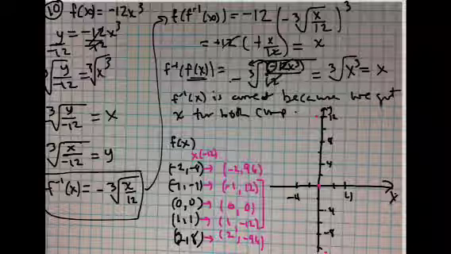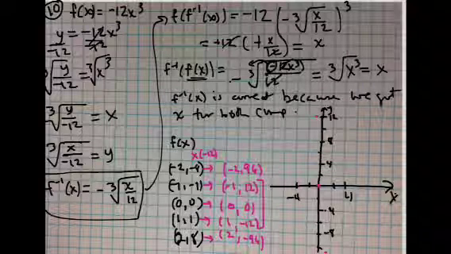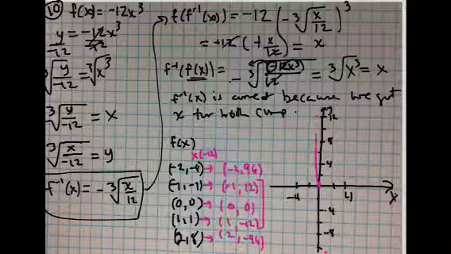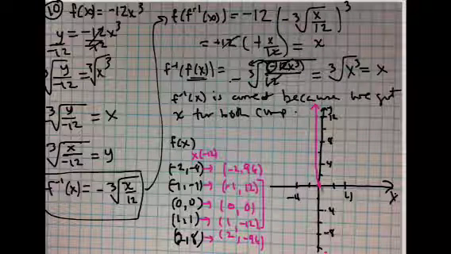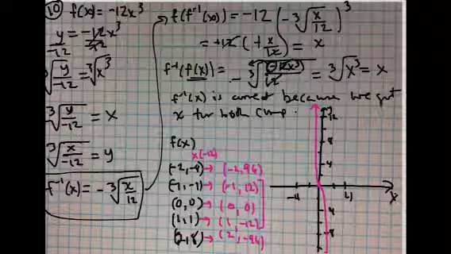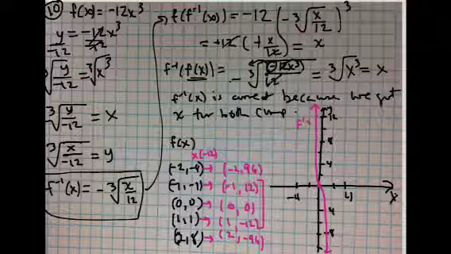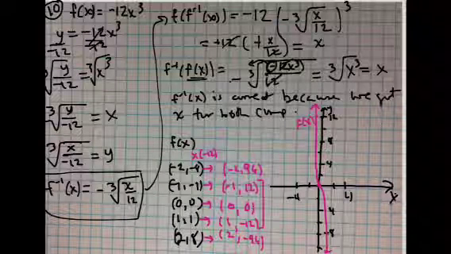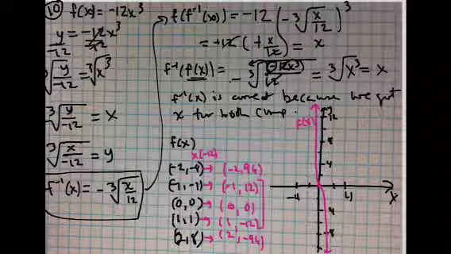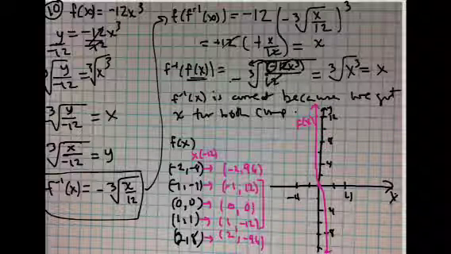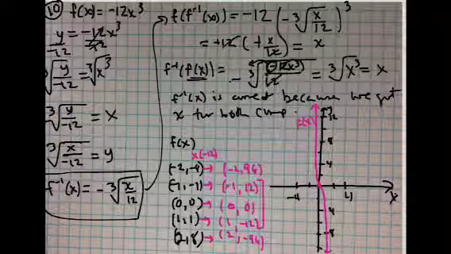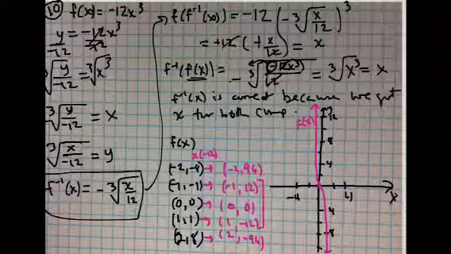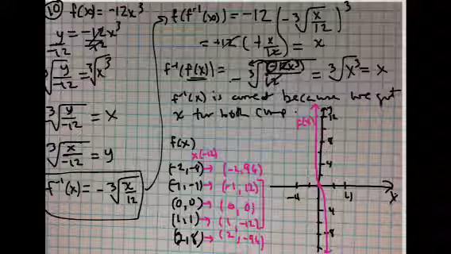Okay, so it's going to be a vertical stretch. So it's going to be really hard to see the curve, but it's still there. And there's also a reflection. So it's going to go down. Okay, so this is f of x. For the inverse, f inverse of x, just like before, I'm going to switch the x and the y. So instead of (-1, 12), I'm going to graph (12, -1), if it fits. Let's see, 4, 10, 12.